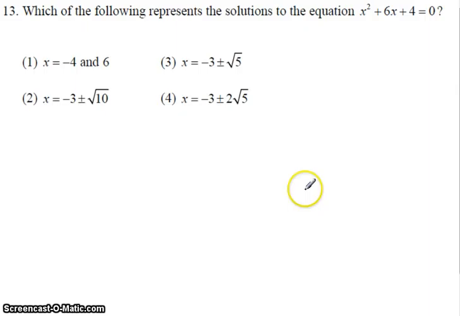Alright, number 13. It says, which of the following represents the solutions to the equation x squared plus 6x plus 4 equals 0? And the first thought is, can I factor this? And so you make your square, your window, and this is a 2 by 2.